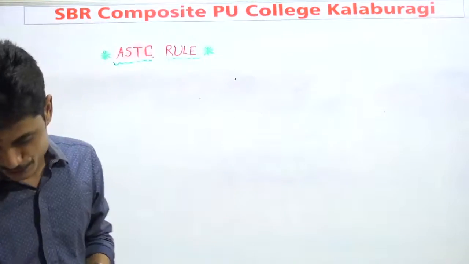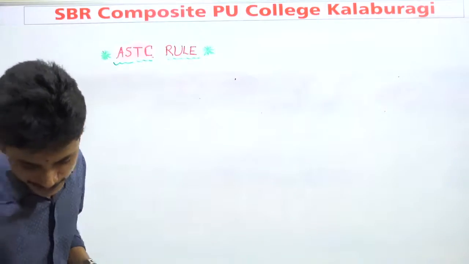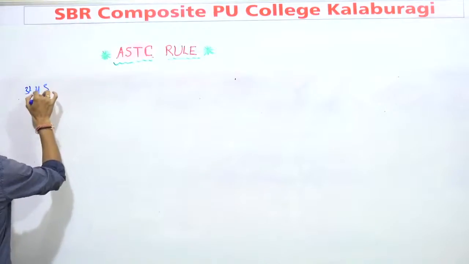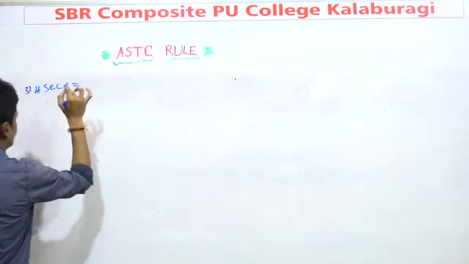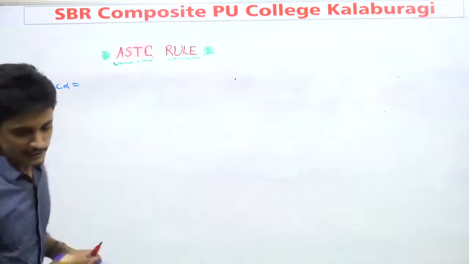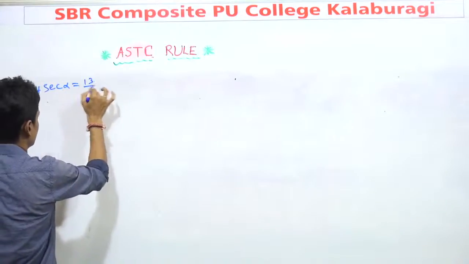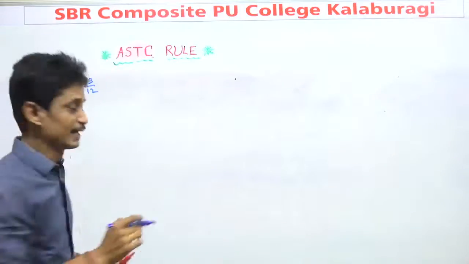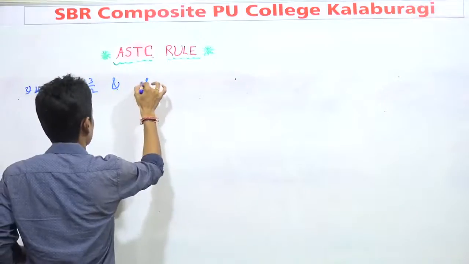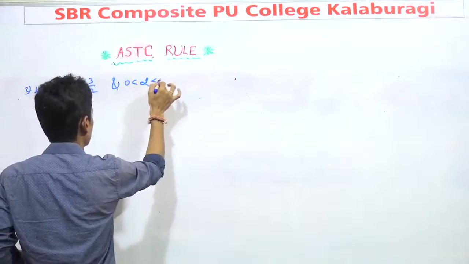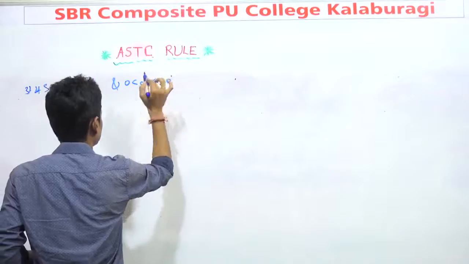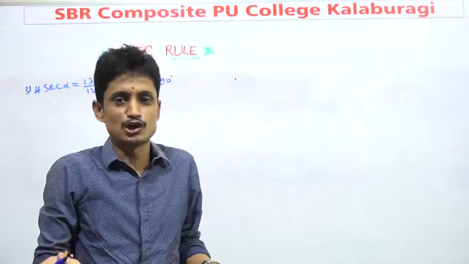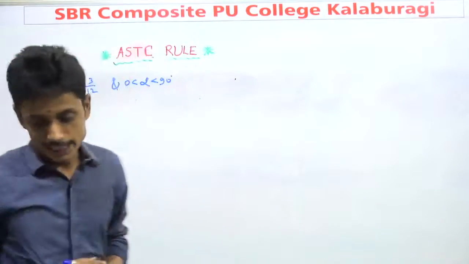The next question is: if secant alpha equals 13 divided by 12, and alpha is greater than 0 but less than 90 degree, 0 to 90, once again the first quadrant, acute, right?